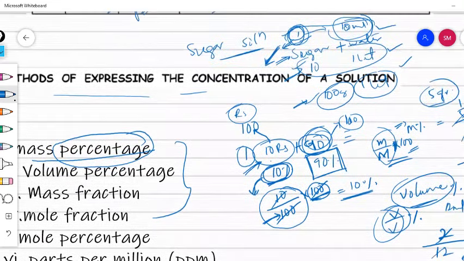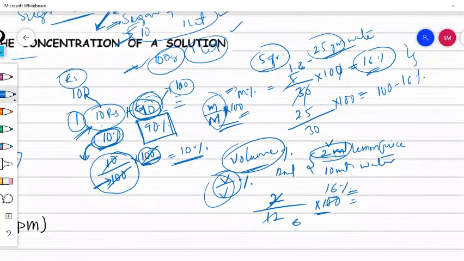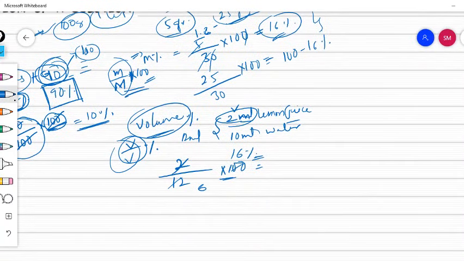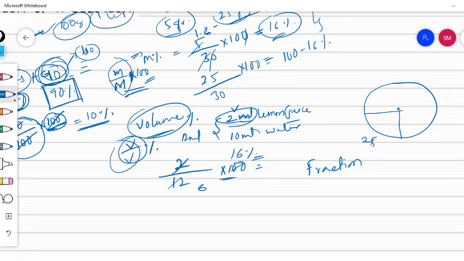The next is mass fraction. Wherever the term fraction appears, you are going to understand it very well with a pie chart. Let's say this is 25, and the total is 75.